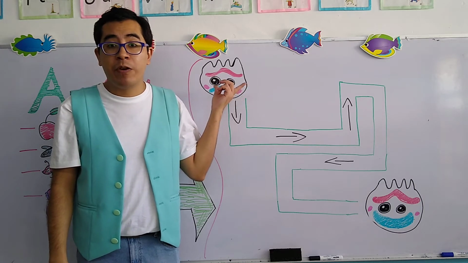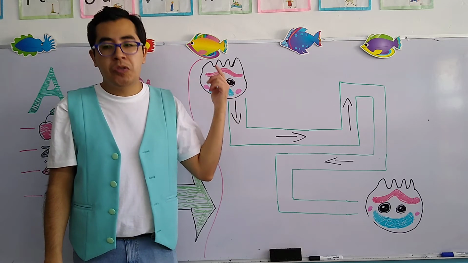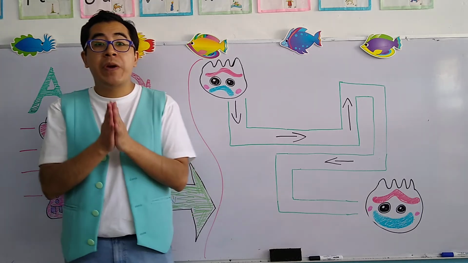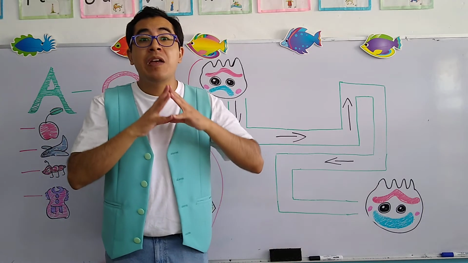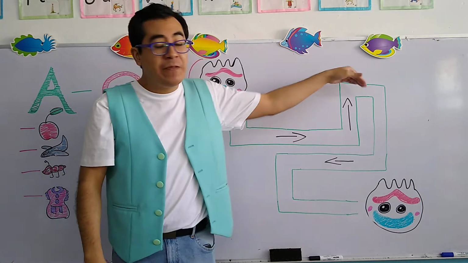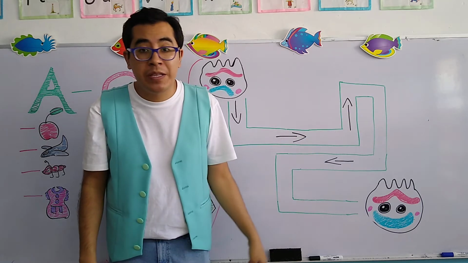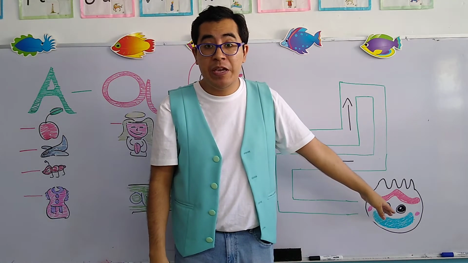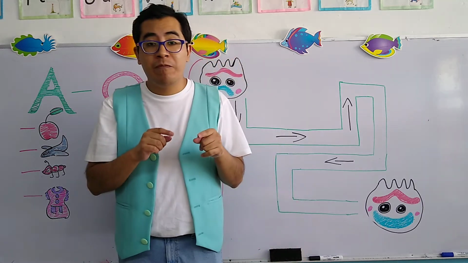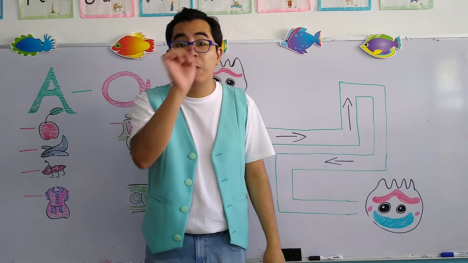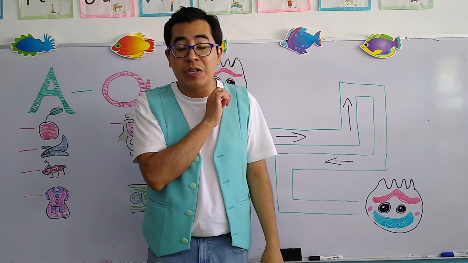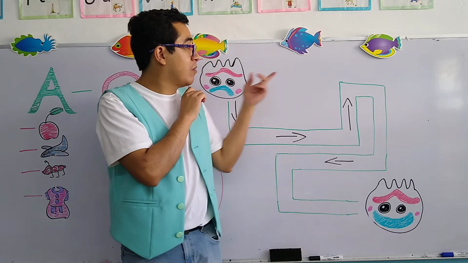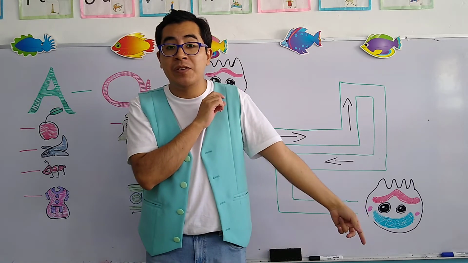And this friend Forky, the first one is sad. So, we have to find the correct way to get to a happy Forky. So for this, we have to follow the instructions. We have to follow the arrows. Tenemos que seguir esas flechas para que nuestro Forky triste se convierta en feliz, okay?